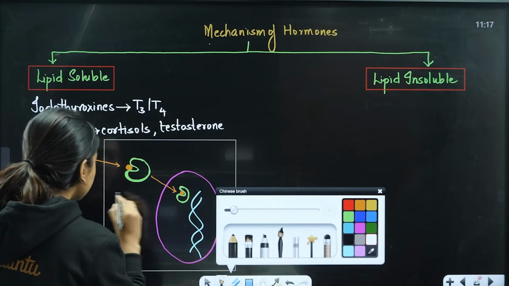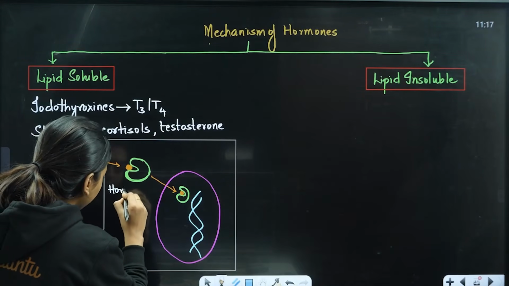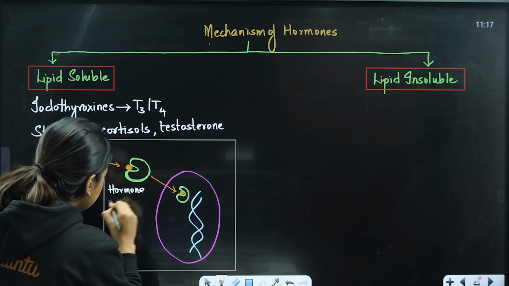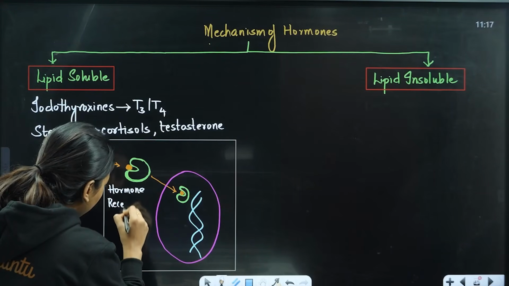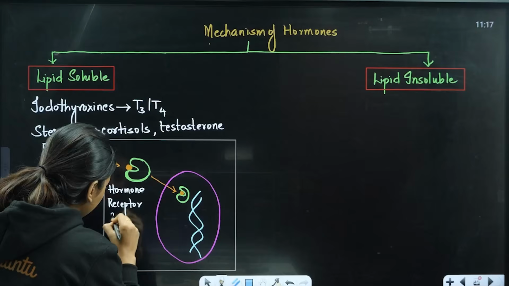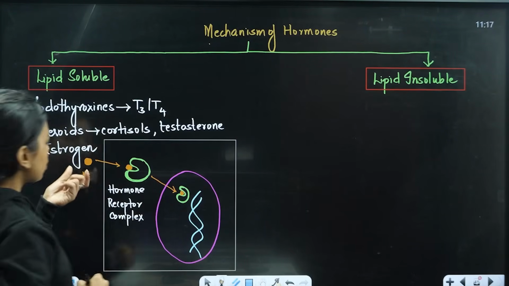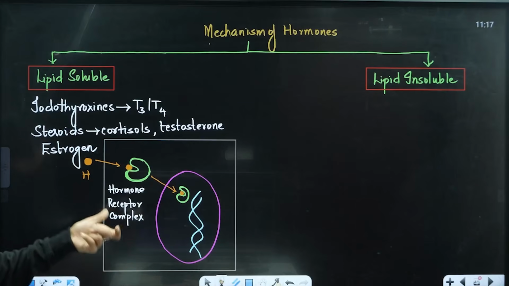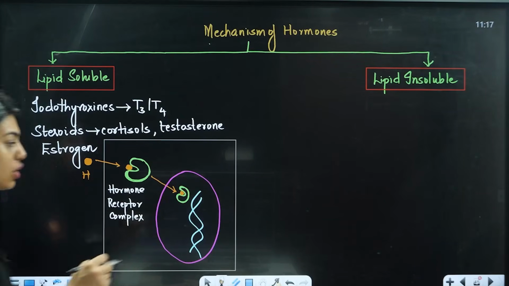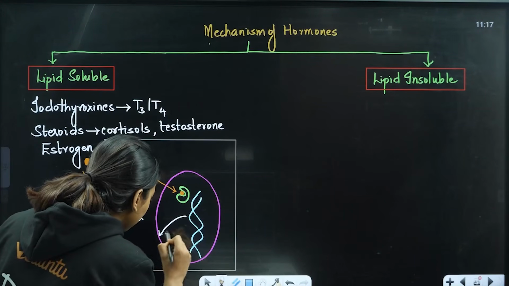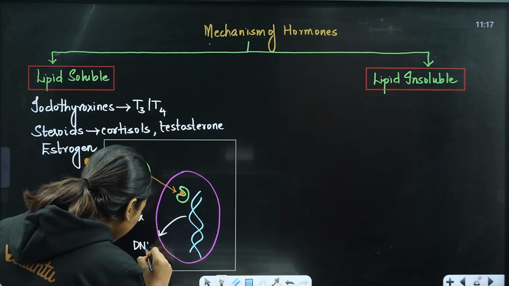So remember, this is your hormone receptor complex. Now students, depending on which hormone is entering, it can change the different physiological functions. So just remember, they can do DNA alteration.